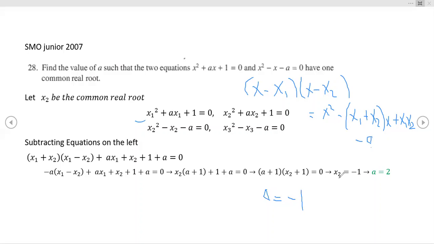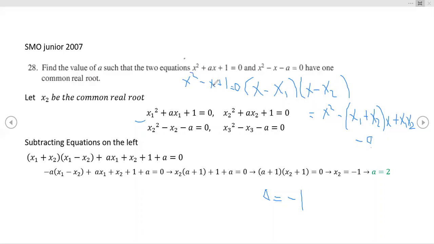But look what happens if you use a equals -1 here: you would have x squared minus x plus 1 equals 0. That will be a problem, because you will have complex solutions.